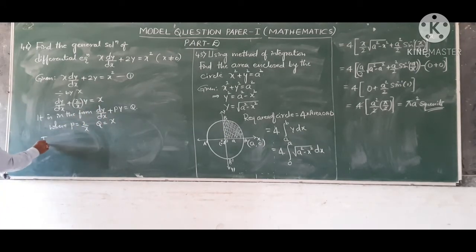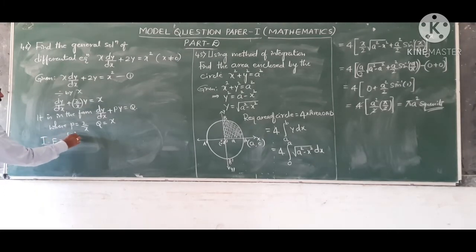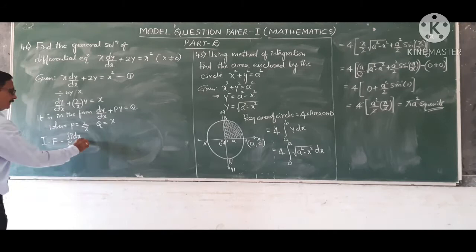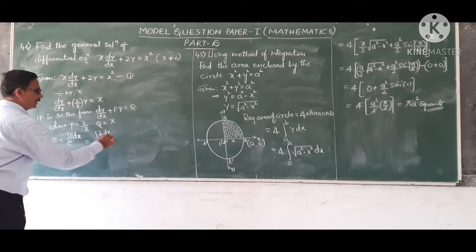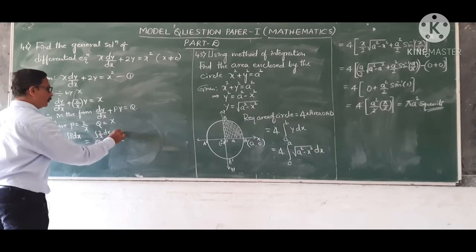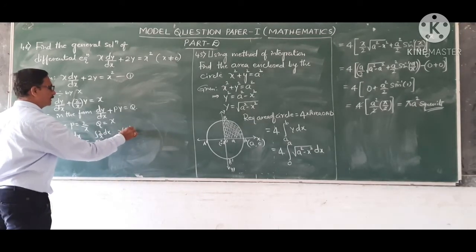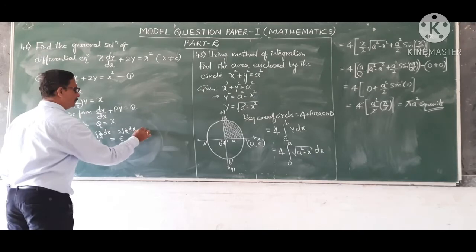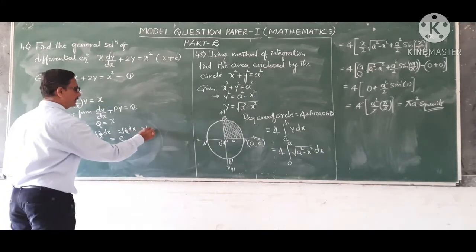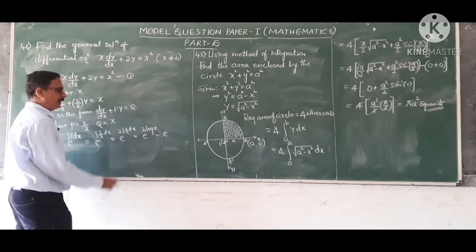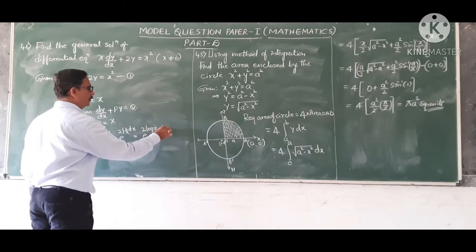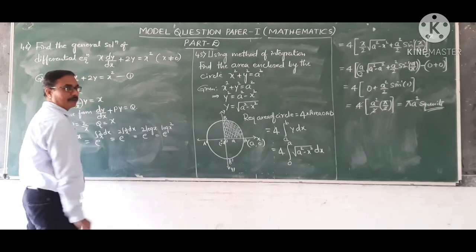Now to find the integrating factor, what is the formula for integrating factor? E power integral of p dx, that is e power integral of p value 2 by x with respect to x, e power 2 constant integral of 1 by x with respect to x, that is e power 2 integral of 1 by x is log x, that is e power, by using laws of indices, n log m is equal to log m power n, that is log x square.